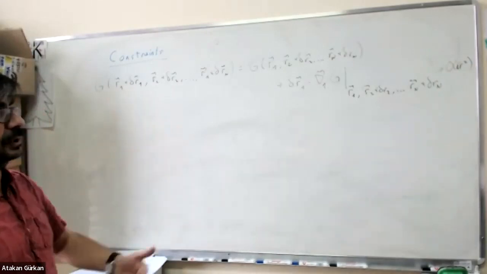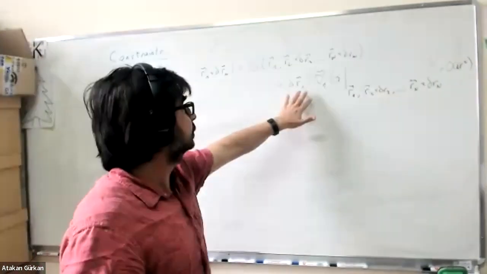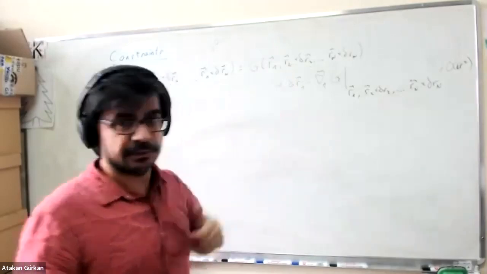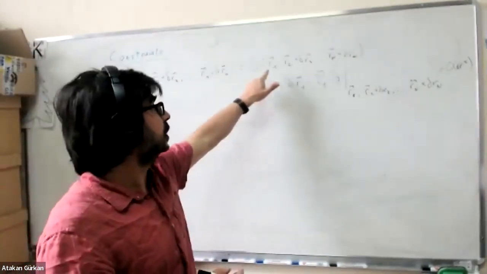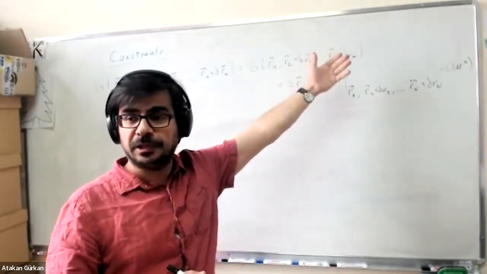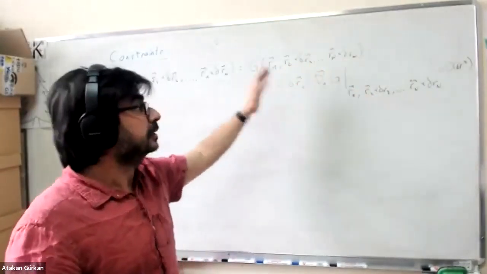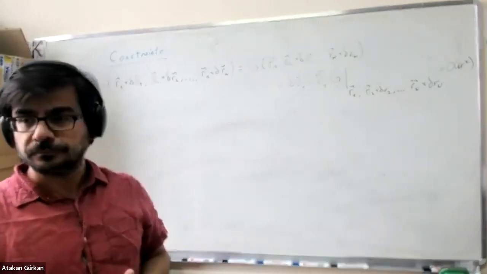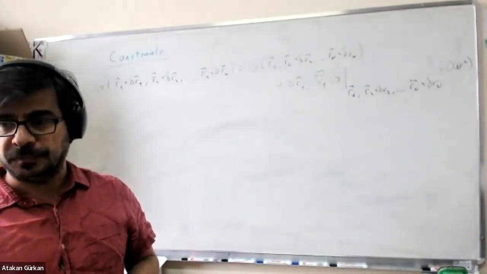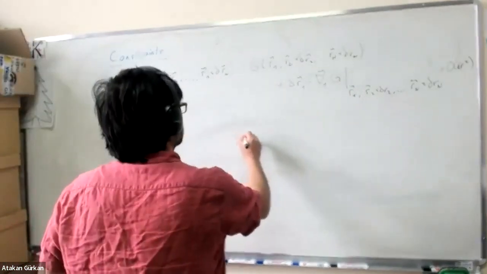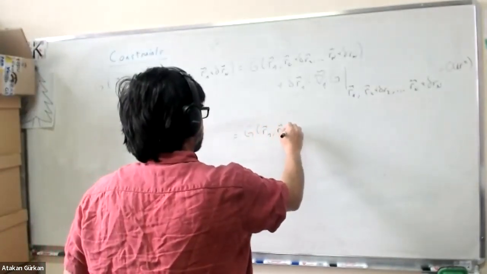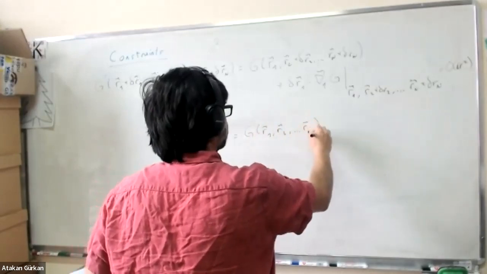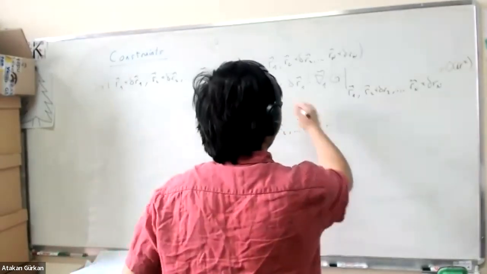Now, if you repeat this procedure, you take this one and expand it around R2, then you're going to get the kinematic relation function for R1, R2, R3 plus delta R3, and so on. And then you do this for all n Cartesian coordinates. What you end up with is G(R1, R2 down to Rn), and then some sum over all of these terms.